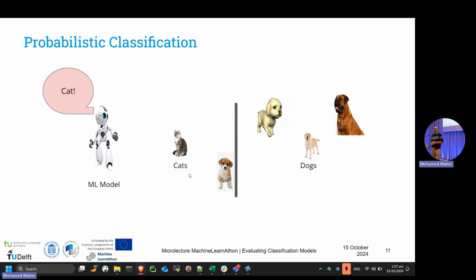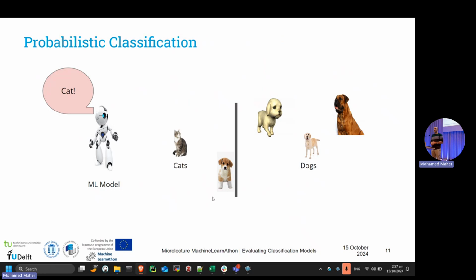Basically here the machine learning model starts to predict that this image could be a cat more than a dog. But for this prediction, getting the label would be less informative than getting the probability that this image belongs to the cat class.